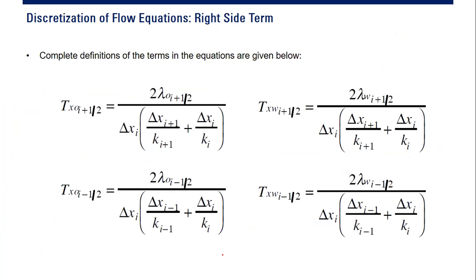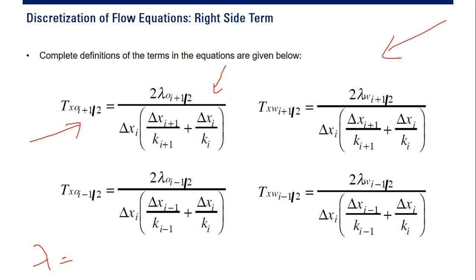Complete definitions of the terms in the equation are given below. So for transmissibility in X, the oil transmissibility in the X direction at grid block I plus half is here. Don't forget lambda is the mobility. And this is for the transmissibility X at I minus half, for oil on the left and for water on the right.